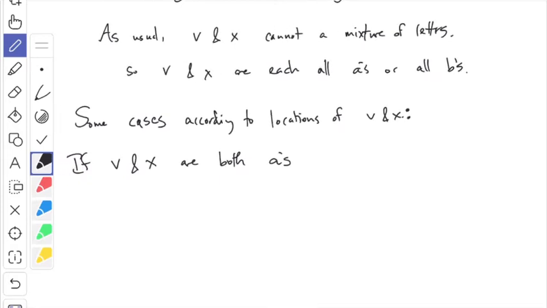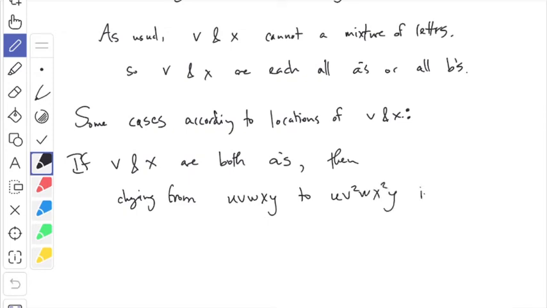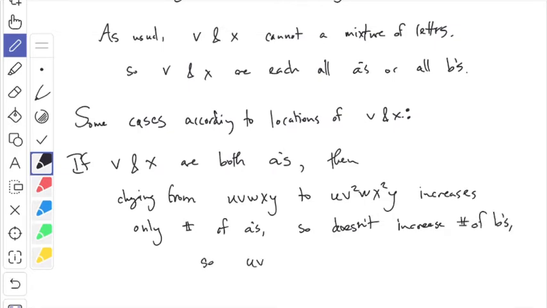If V and X are both A's, then changing from UVWXY to UV squared WX squared Y increases only the number of A's, and so doesn't increase the number of B's, and so UV squared WX squared Y is not in L for the same reasons as we said in all the other examples, because if you're going to make those strings bigger, you have to be increasing the numbers of A's and B's sort of in a balanced way. All right, so that was one case, which we have handled.